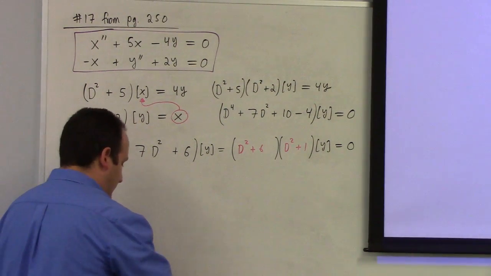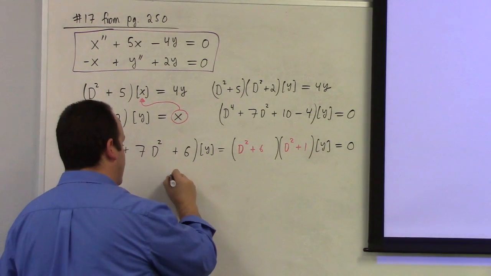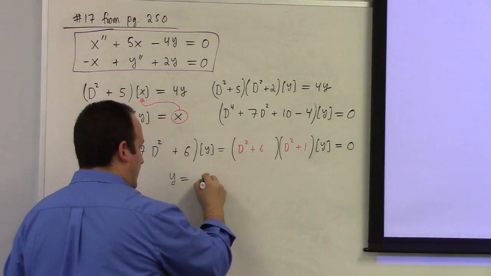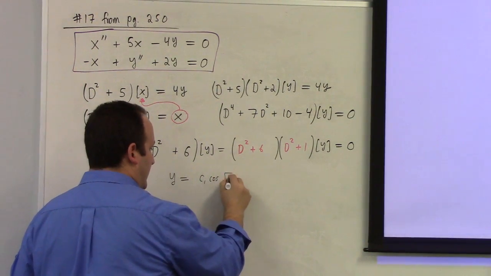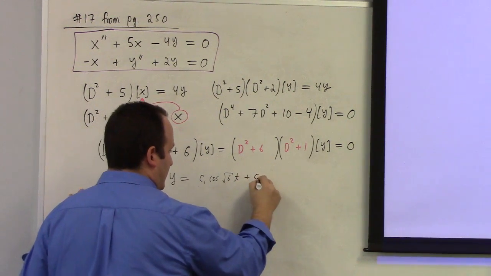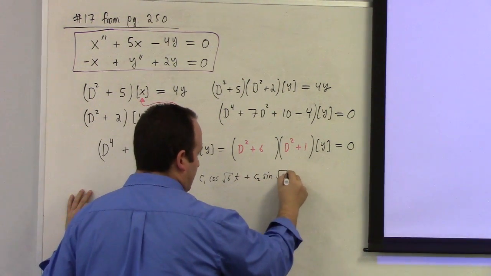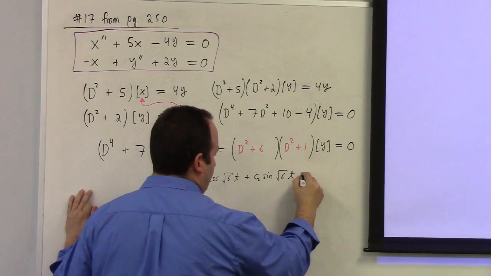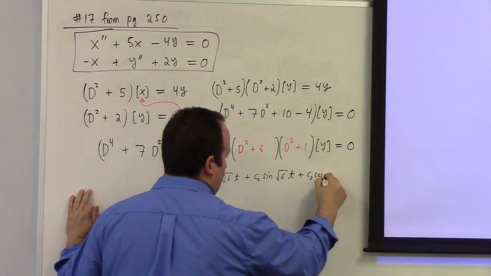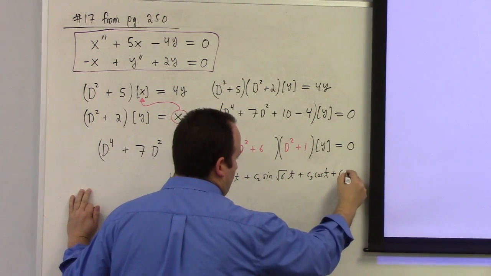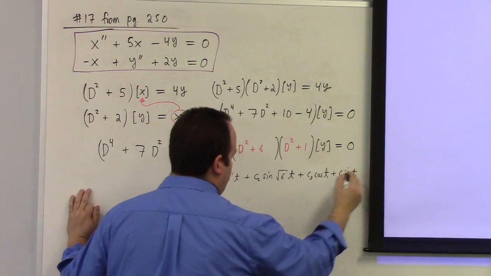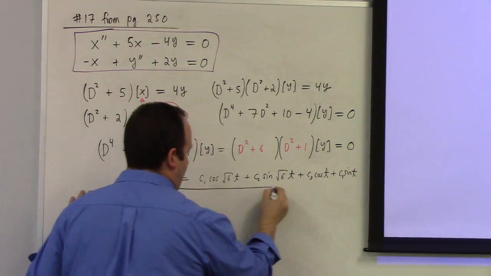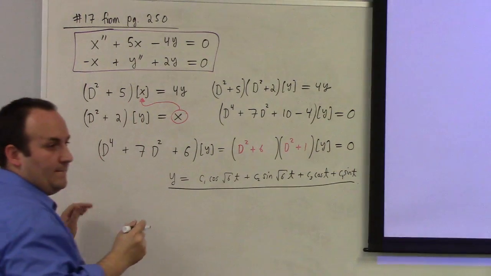My solution for y is equal to c1 cosine root 6 t plus c2 sine root 6 t, plus c3 cosine t plus c4 sine t. There's half of it.